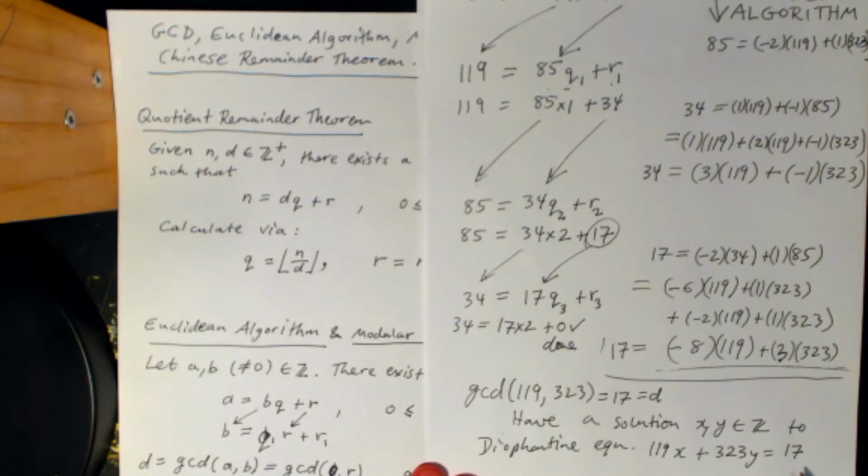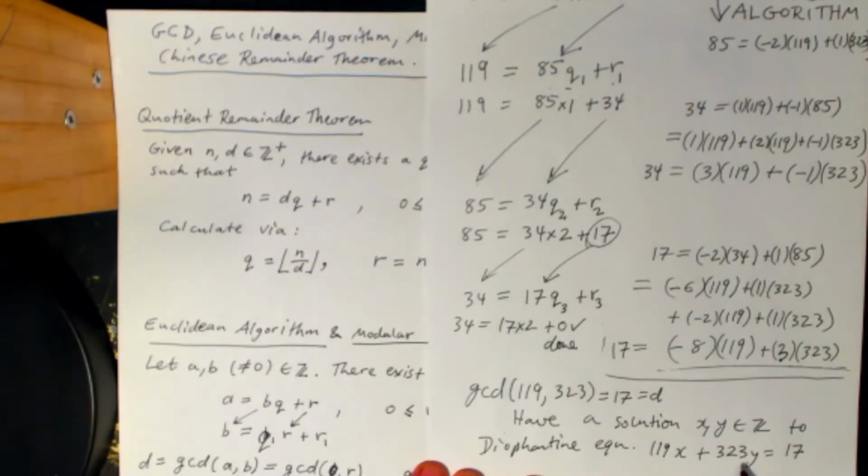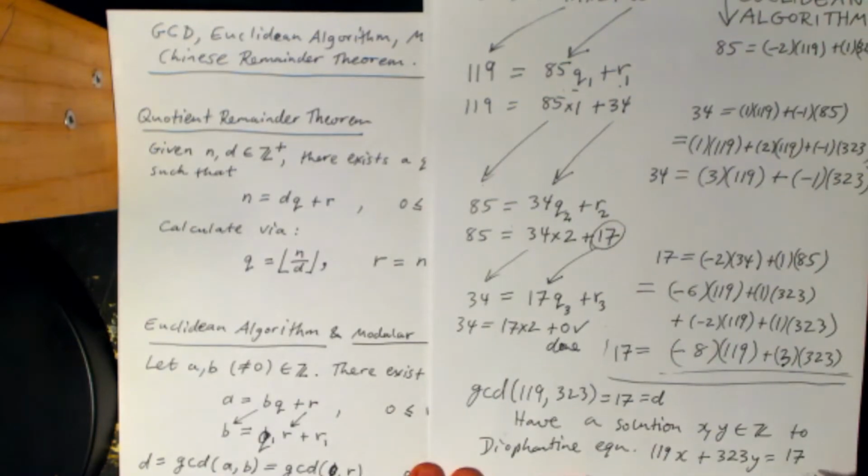This is our greatest common divisor of 119 and 323. So we've actually solved this. Here, x and y are -8 and 3.